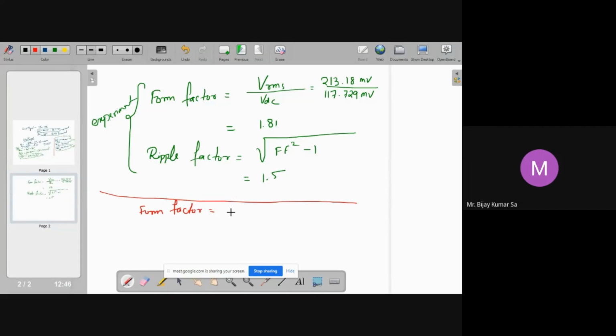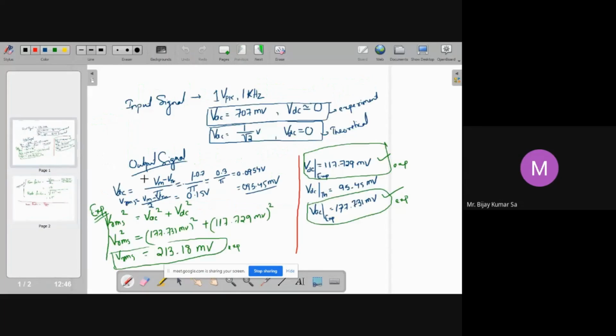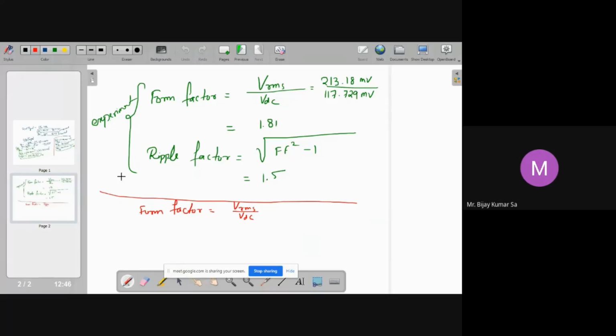Theoretically, this is VRMS by VDC. So at this point, VRMS and VDC should be the theoretical VRMS and theoretical VDC that we have calculated here. VRMS theoretically it should have been 0.15, and VDC how much it should be?